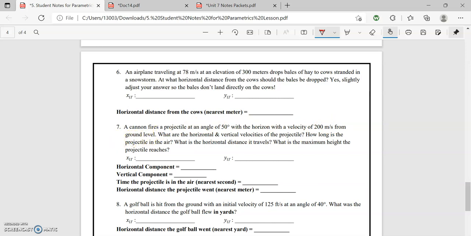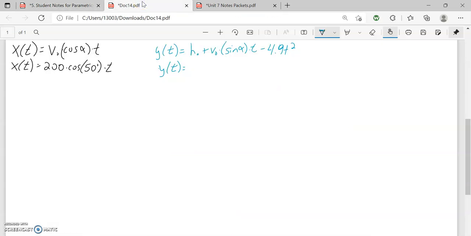That means h naught is 0. But this time we have 200 times sine of something other than 0, so we do get to keep that middle term. Coincidentally, this term went away, so we still have just 2 terms.